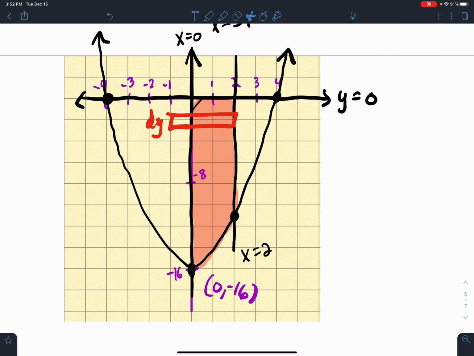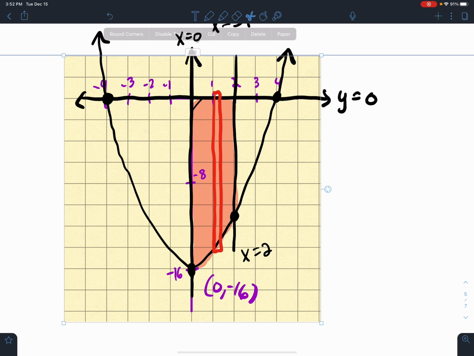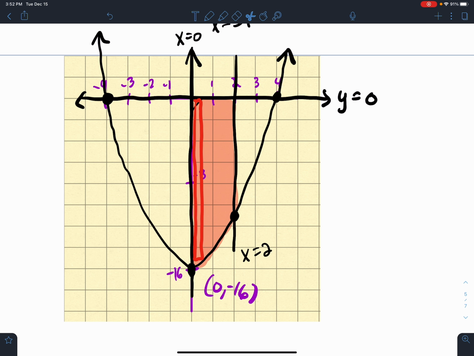So you'd have to set this up as two different integrals. I don't want to do that, so I'm going to make this x easy. And so the top and the bottom, are they always the same? Yep, the top is the top all the way, and the bottom is the bottom all the way. So this is definitely an x easy problem.